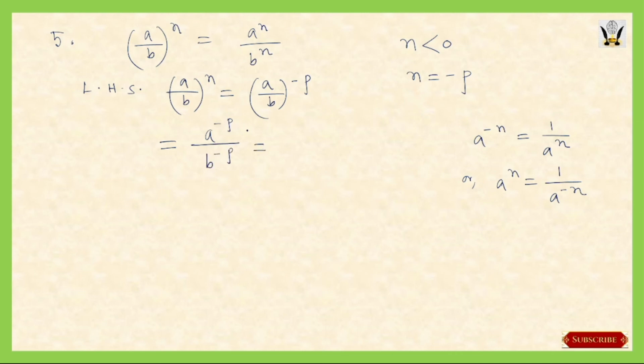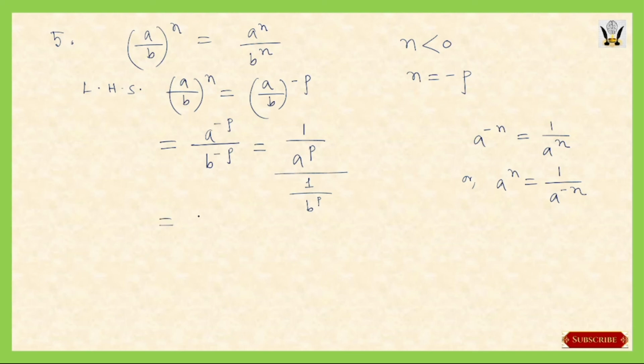So a to the power minus p means, as we can write a to the power minus n as 1 by a to the power n, we can write 1 divided by a to the power p, and in the denominator we have b to the power minus p, which can again be written as 1 by b to the power p.